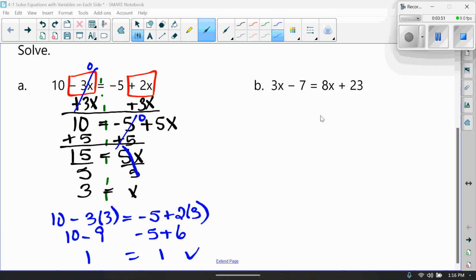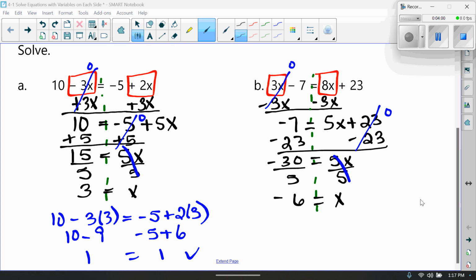So why don't you do example B with your table partners, and then I'll show you the solution. Okay? All right, so our answer is negative 6. So first thing, again, I like to stay positive, so I will subtract 3x on both sides.